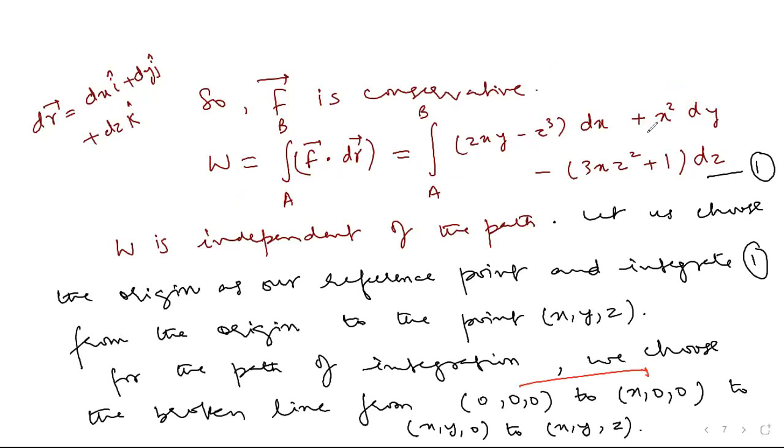Check this. Dz is 0, so third term is 0. Dx is 0, first term is 0. Only second term remains, which is x square dy. And limit of integration is we are moving along y-axis from 0 to y.